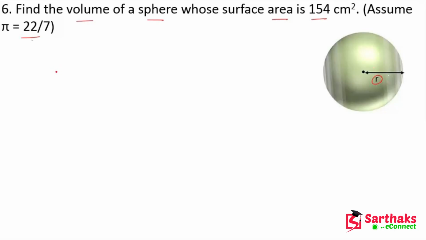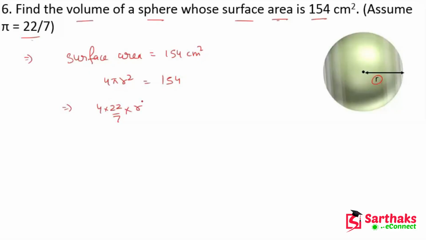We have the surface area, and we know the formula is 4 pi r square, which is equal to 154. So 4 into 22 upon 7 into r square is equal to 154.